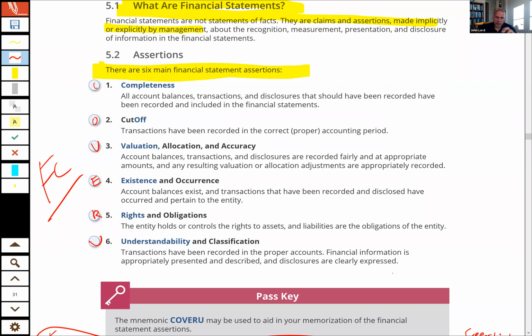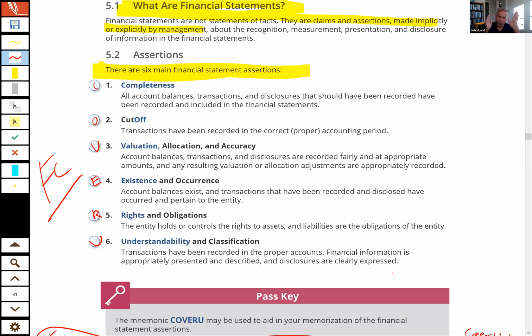A mistake that candidates make when they're getting ready for the CPA exam, they start to boggle their mind trying to memorize all the procedures that you're supposed to do for the different accounts. No, what we know how to do is audit assertions. And you already know how to audit 2 of the most commonly asked assertions, which is existence and completeness.